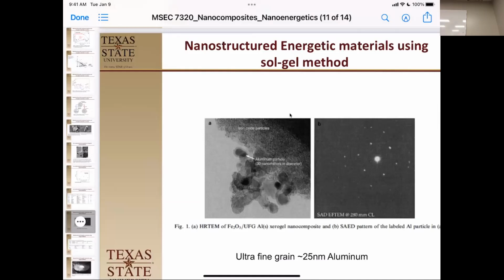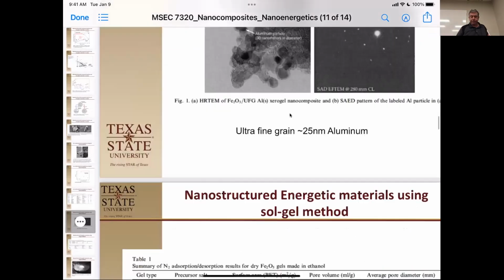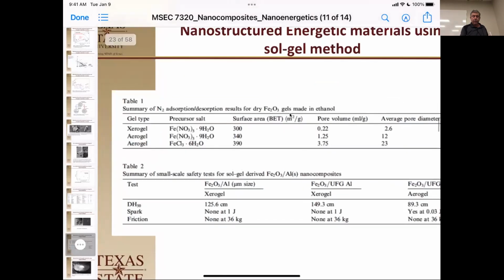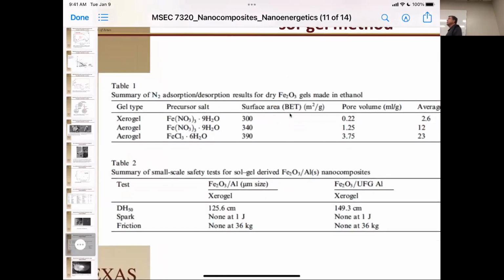So they made both an aerogel and a xerogel using the same aluminum particles, and they wanted to show their aluminum particles are still crystalline. And then they had iron oxide particles that they put in there as well. And then they did a process to get it to be an aerogel. Okay, so the way they did this was they did the xerogel type by sol gel. They put in iron and slowly converted it to iron oxide to generate the matrix.